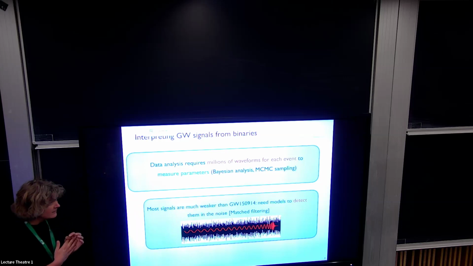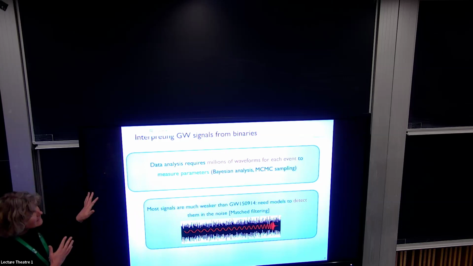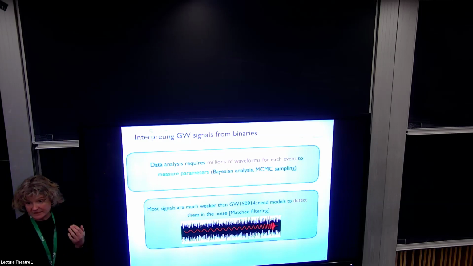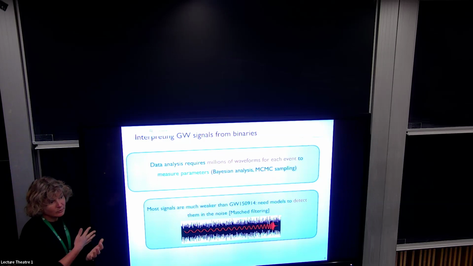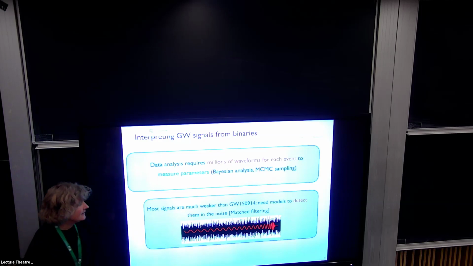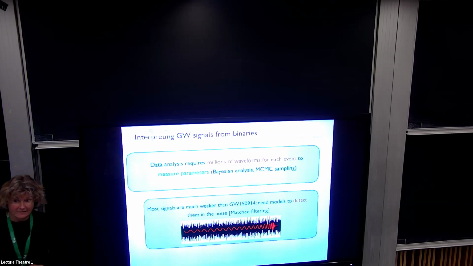So the way signals are detected, unless they're super loud, is by having a bank of pre-computed waveforms that are filtered against the data, similar to when you look for a Fourier transform to filter out certain frequencies of a system. That helps the detection. So these are two aspects where models play a really crucial role for gravitational wave science.